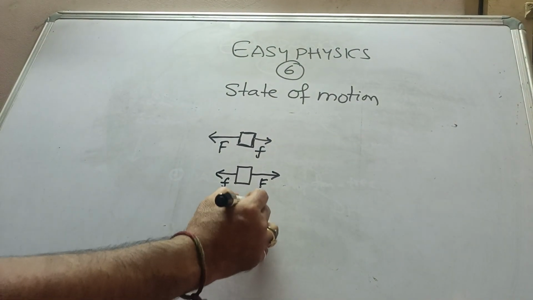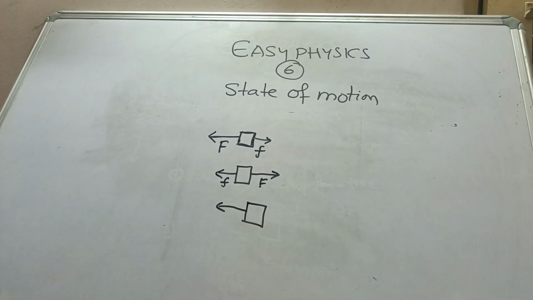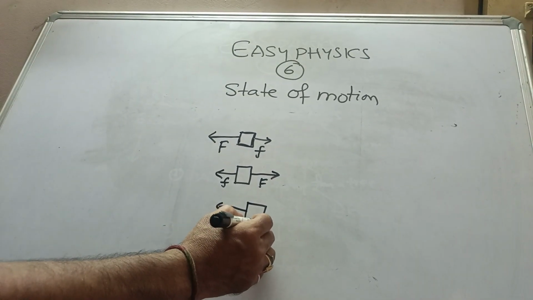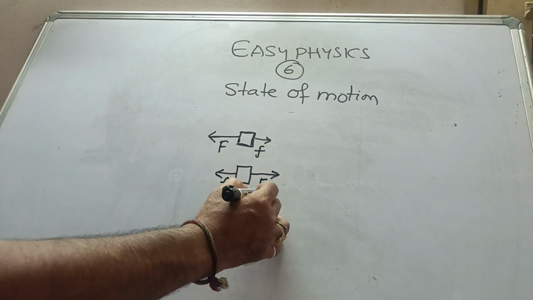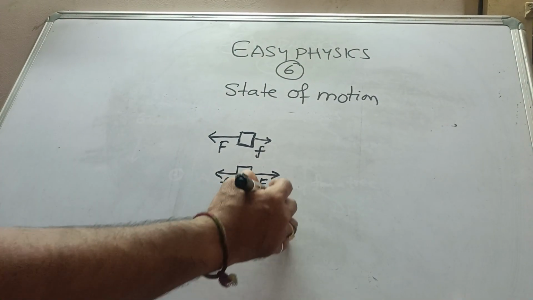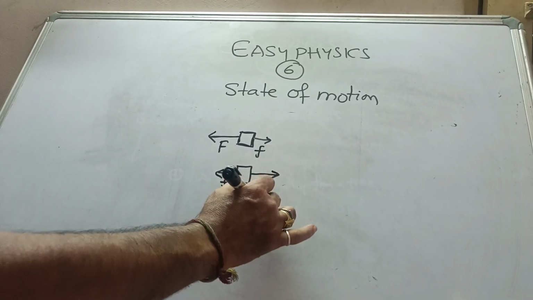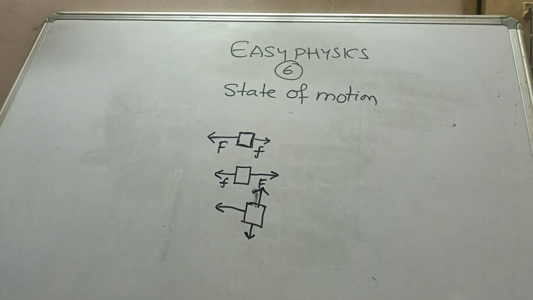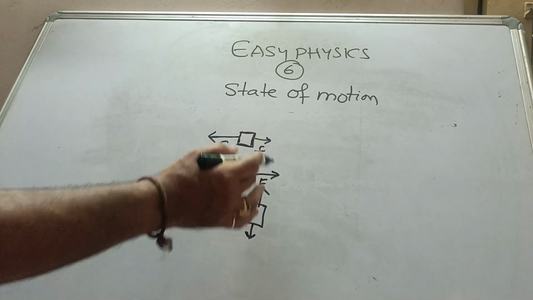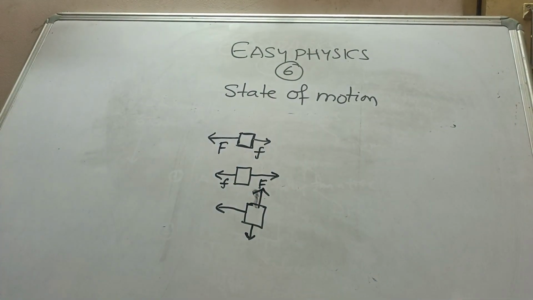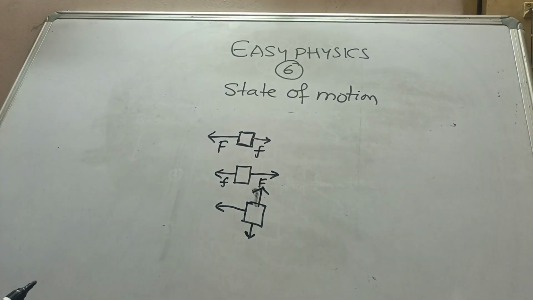Let us suppose this is the aeroplane, moving from right to left. It still has weight due to the gravitational force, and there is an upward force as well, but it must be larger than the weight of the object. So if you observe these diagrams, we can understand the different forces which are acting on an object.